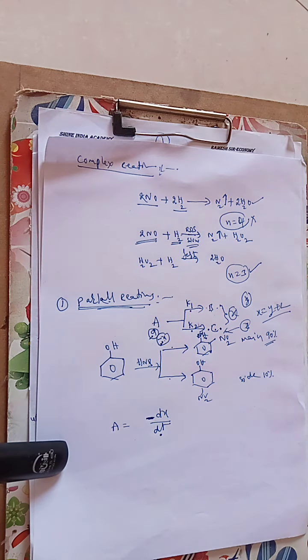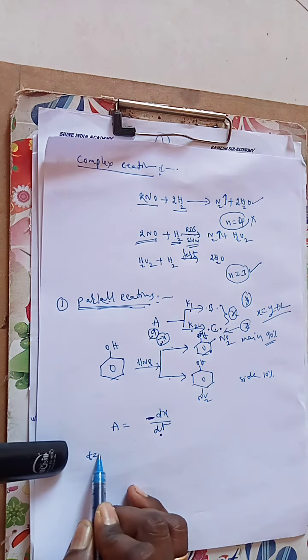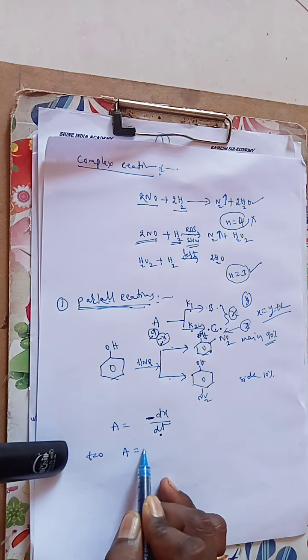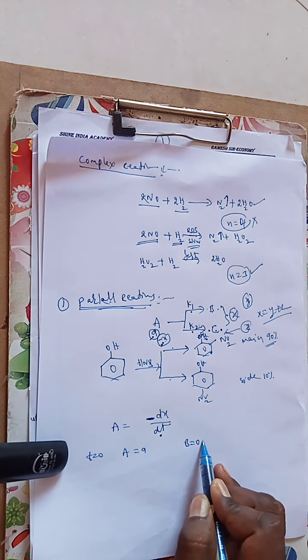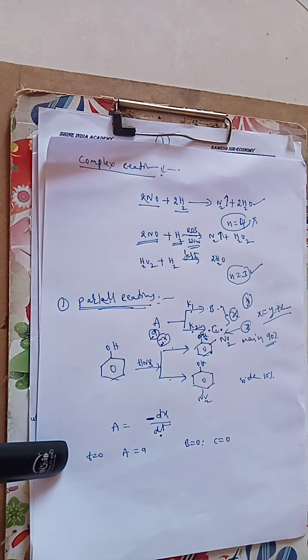After that, for example at time 0, the initial time, A concentration is a, B concentration is 0 and C concentration is 0. Why? Because before the reaction starts, A is equal to a, B concentration is 0 and C concentration is 0.